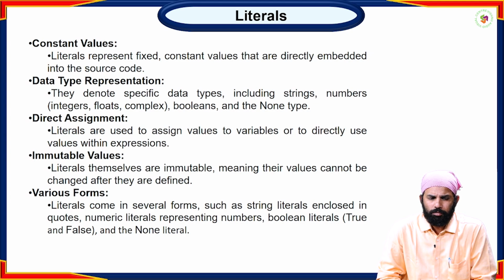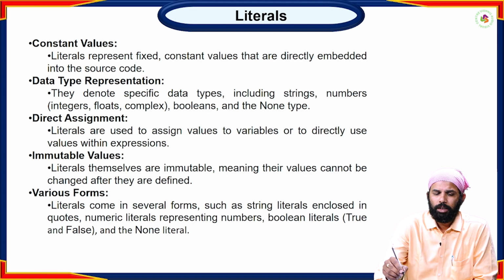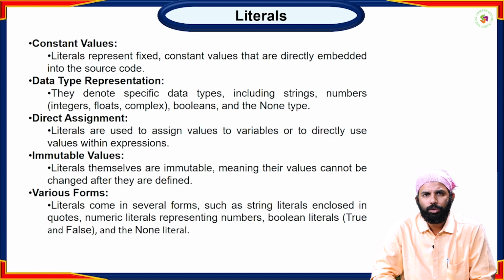We also have data type representation with respect to literals. They denote a specific type of data, including strings, numbers, Boolean values, and a None type also. They are used to assign values to variables or to directly use values within expressions.